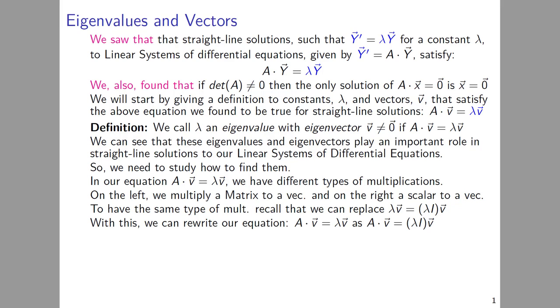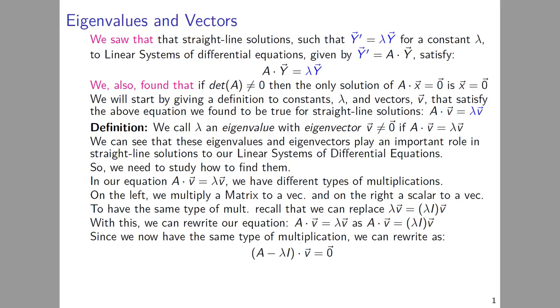With this, we can rewrite our equation A times v equals lambda v as A times v equals lambda I v. And since we have the same multiplication now, we can subtract lambda I v from both sides and factor it out. So we're left with A minus lambda I times v equals 0.